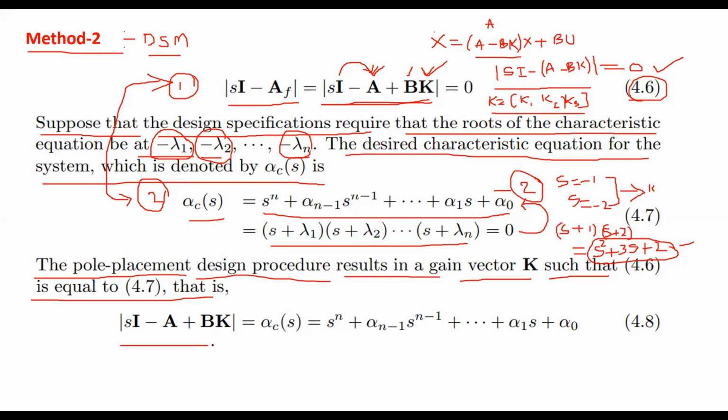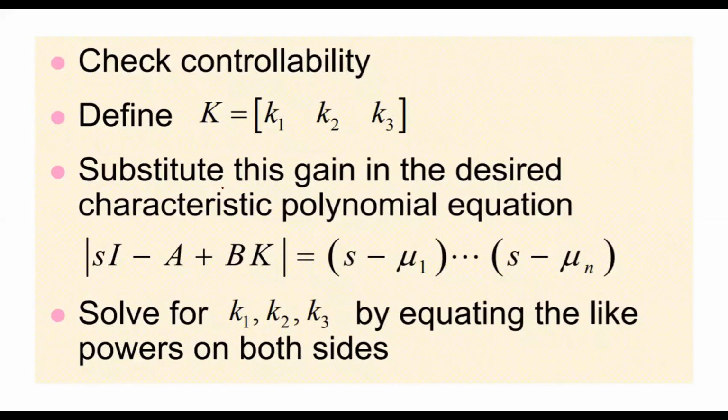So what he is going to write over here, when you do this process, I will get one polynomial. This is a polynomial we can obtain from the characteristic equation given by the system. Here also he is going to explain with respect to three steps how to find the k matrix. First we need to check the controllability. That is mandatory for each and every problem, to check whether the given system is controllable or not.